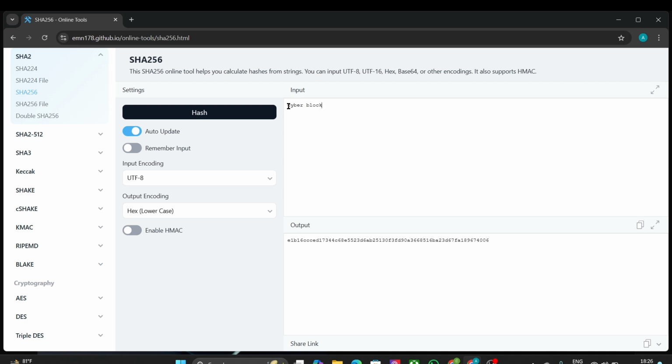Say the data in block number 8 is cyber blocks. Now someone comes and tampers with the data. When I give cyber blocks here, it generates a hash starting from 26 and ending with 26. Now, if someone changes the data, let's do a minor change. I'll just make this c a capital C. Now the hash changed.